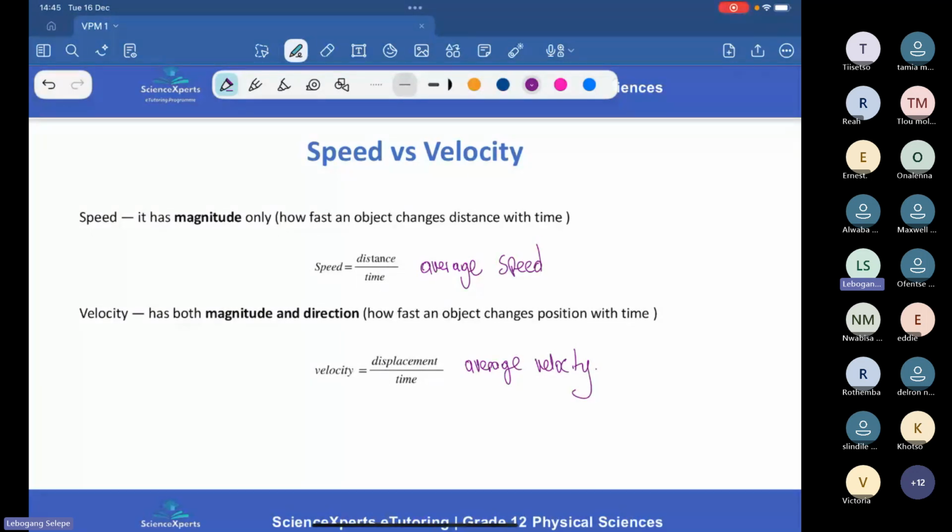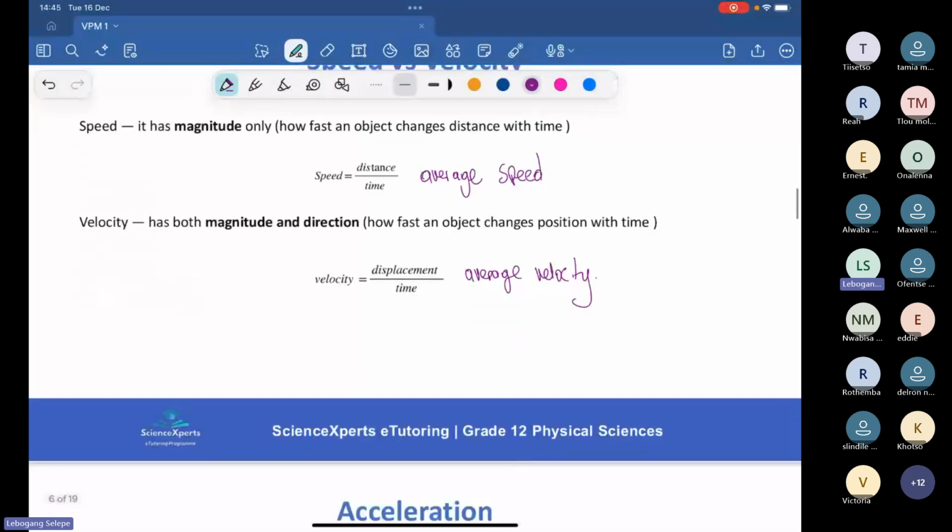They would have the same magnitude, but the averages might differ because the object's distance and the object's displacement might differ. Therefore, the speed would differ from the velocity. So these are some things that you need to know before we actually start with the calculations.